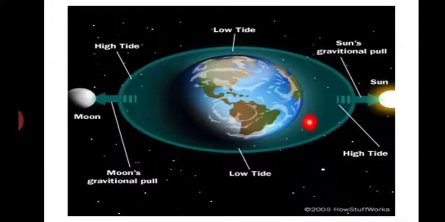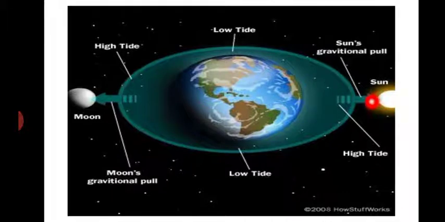Similarly in this case you can see in one case the sun is dragging, and in the other the moon is there. So it will look like this shape, not a round shape. You can see the moon's gravitational pull on one side and the sun's gravitational pull on the other side.